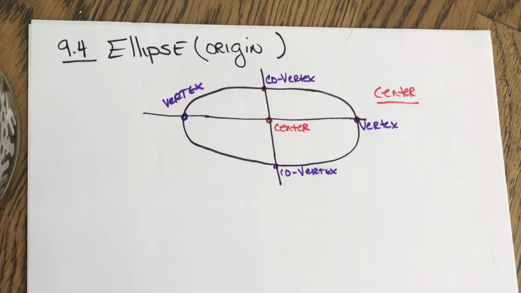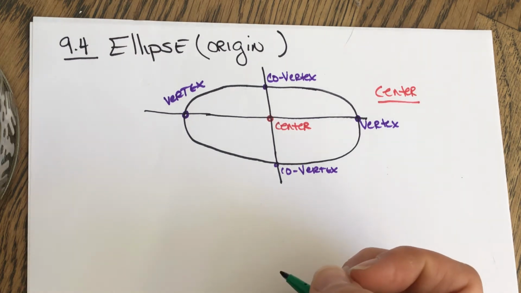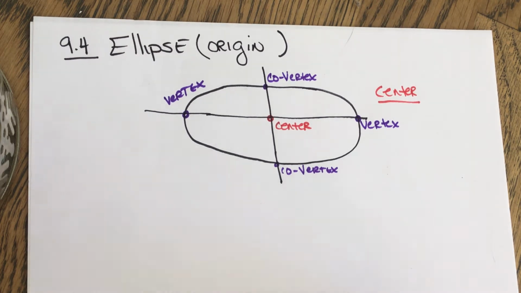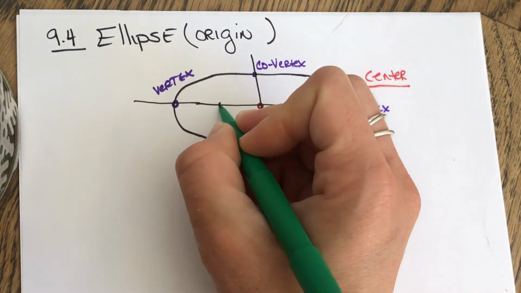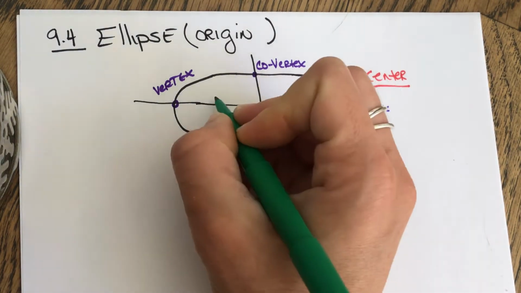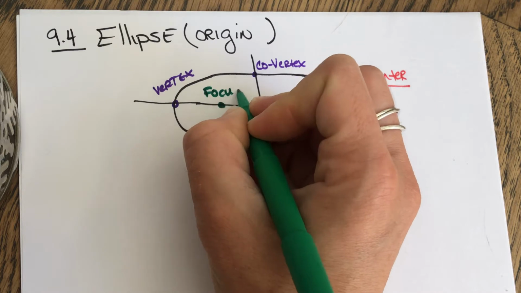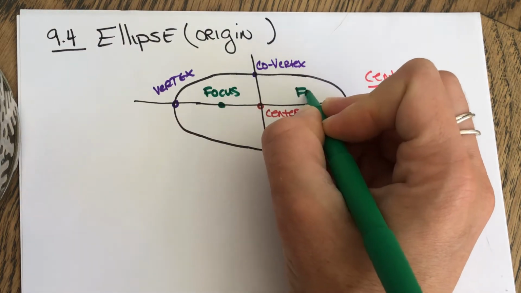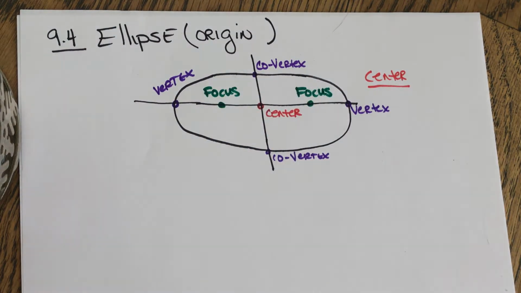And then the other thing that you have, just like we had for the parabola, you had the vertex, and then you had a focus and a directrix. We don't have a directrix here, but we have a focus. And if you think the focus was with the vertex, so it's going to be with the vertex. The vertex is the most important. So you have a focus here, and you have a focus there.